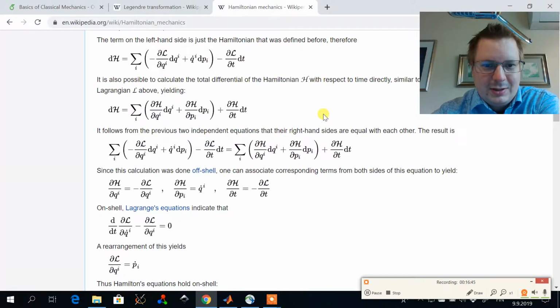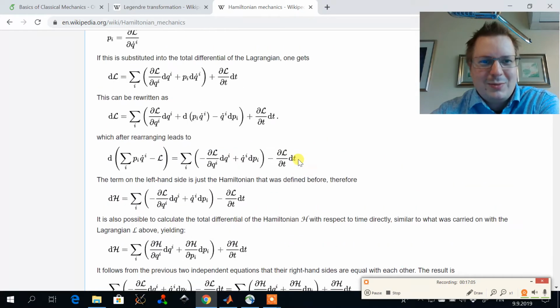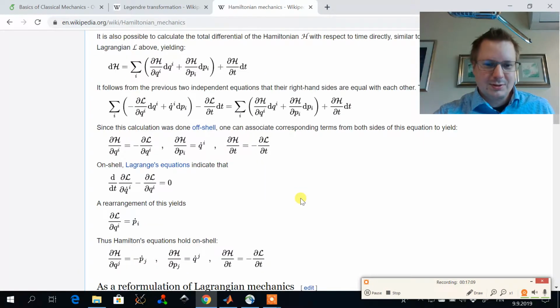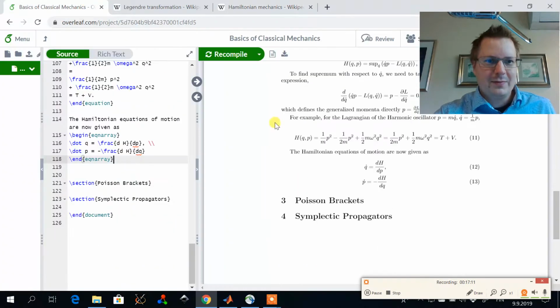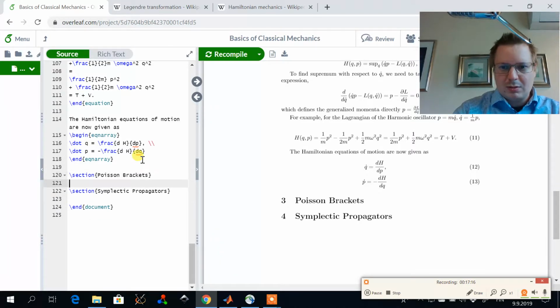Then you have variations of the Lagrangian and Hamiltonian, and you can identify some terms, and then you will eventually arrive at Hamilton's equations of motion. There was no way I was going to derive this by intuition, so no wonder I failed. But that was not the main point really.